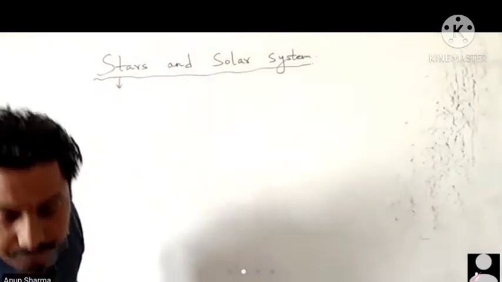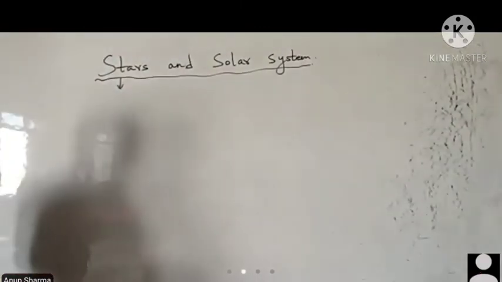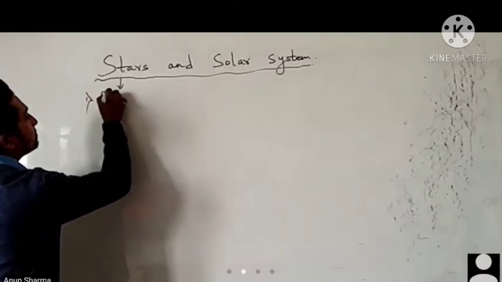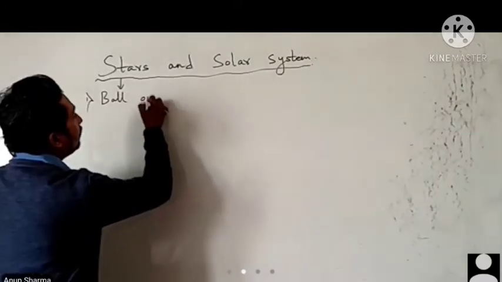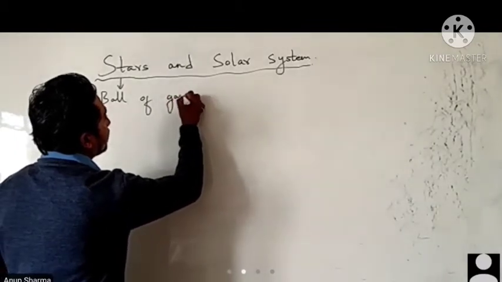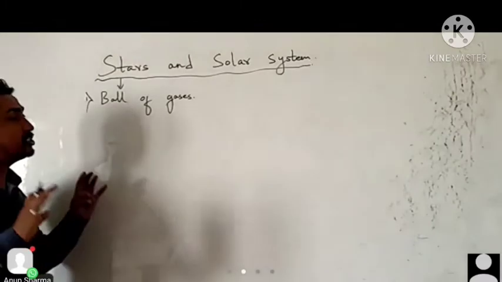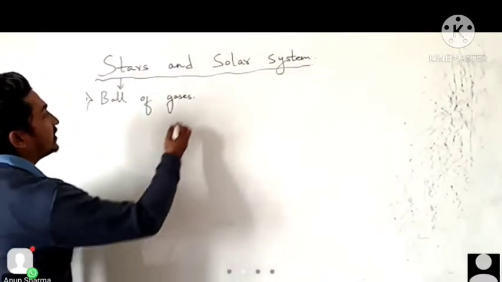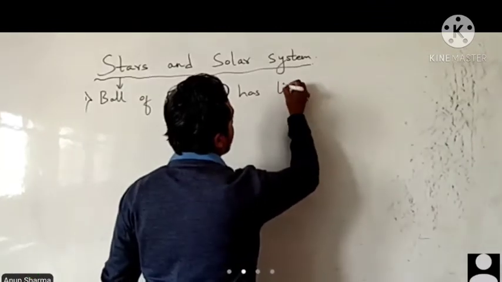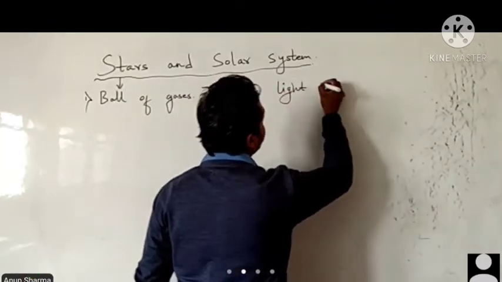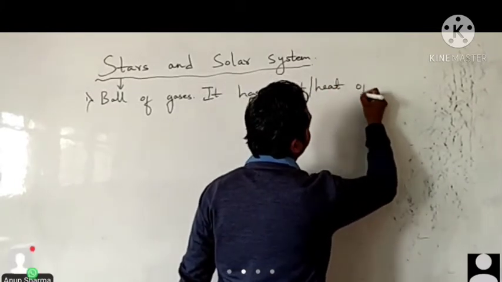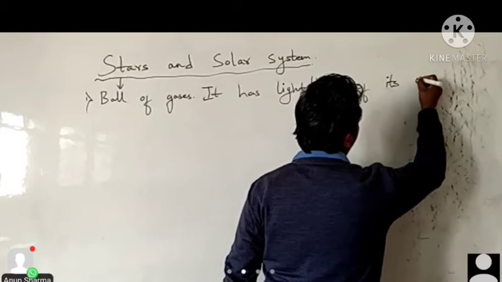So stars are actually a ball of gases, and it has heat and light of its own.